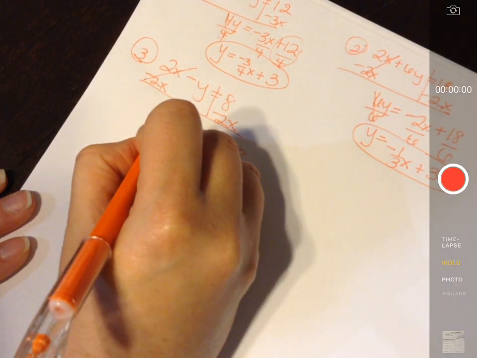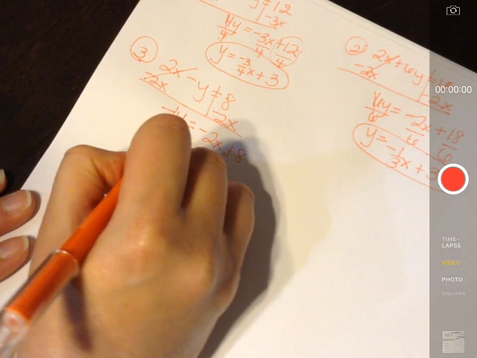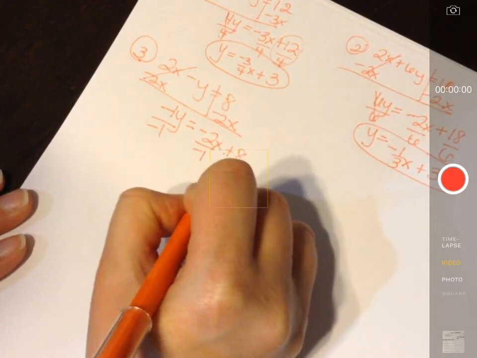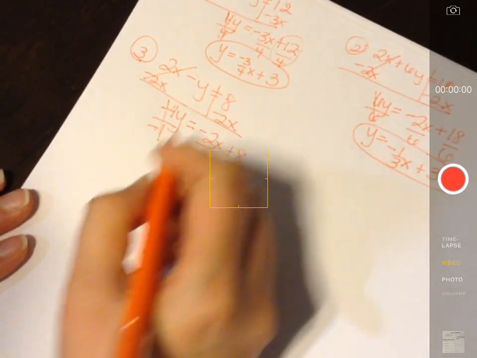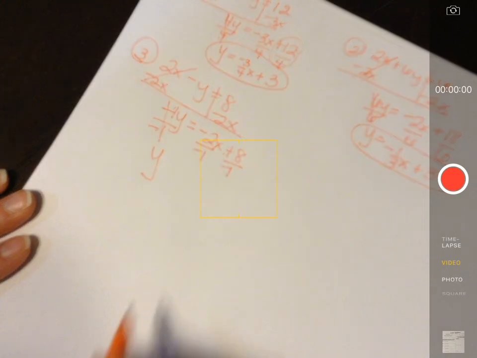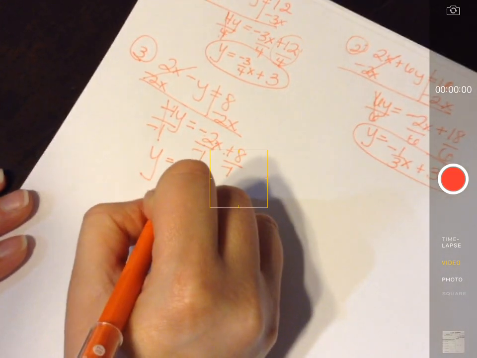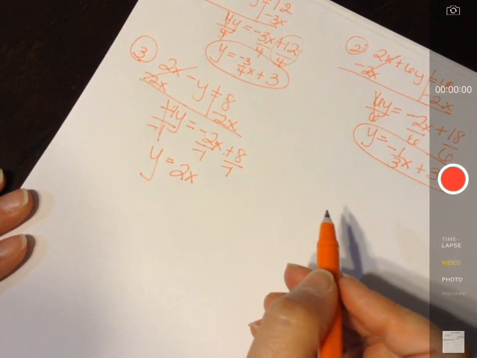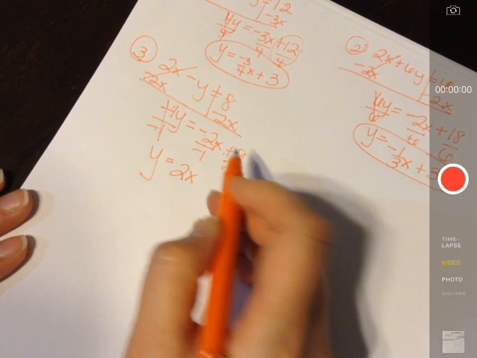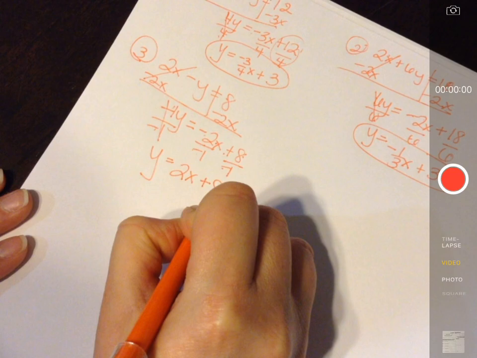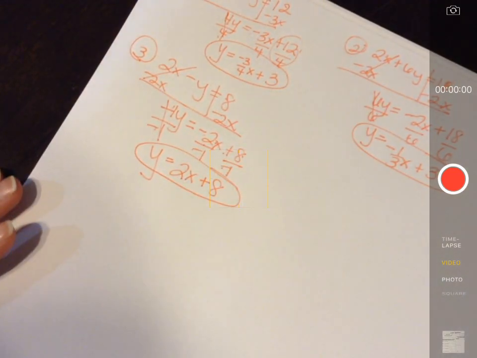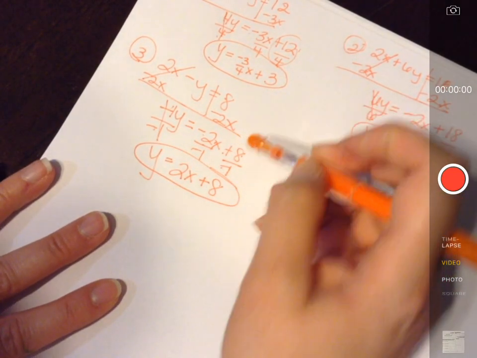I technically have a negative 1 here, so I will divide everything by a negative 1. Negative 1 divided by negative 1 leaves me with 1y. Negative 2 divided by a negative 1 makes a positive 2x. And 8 divided by negative 1 leaves me with a negative 8. No, negative. Sorry.